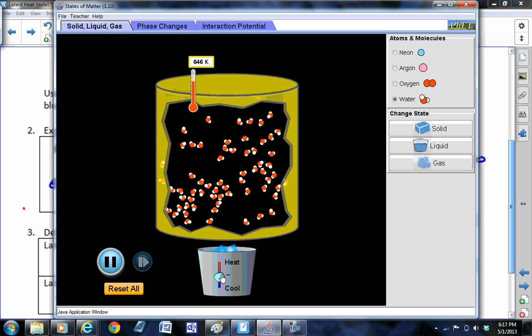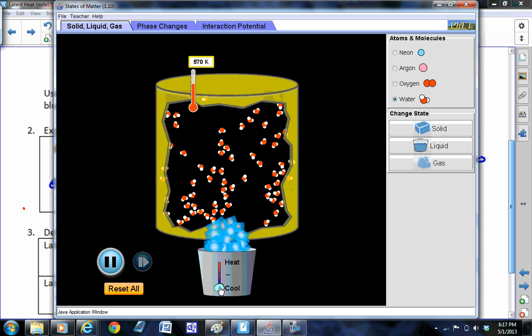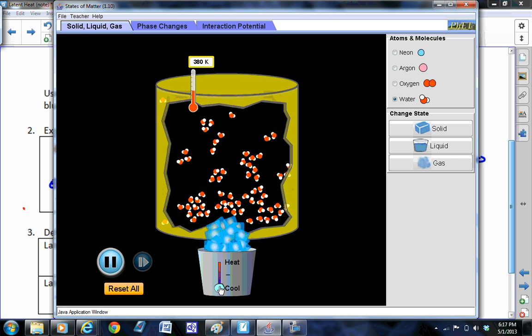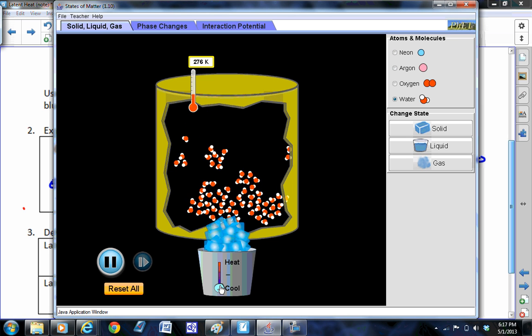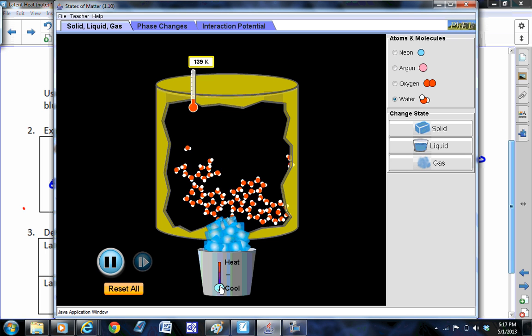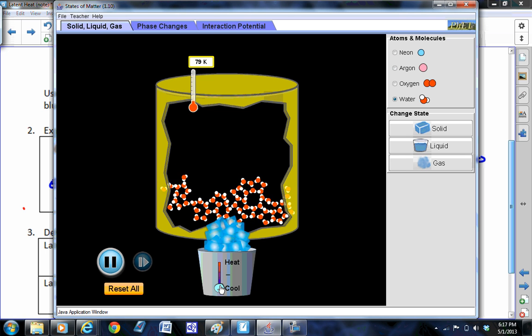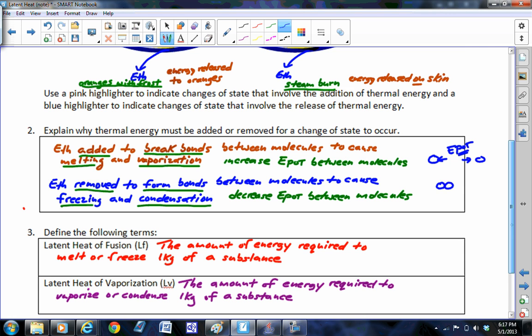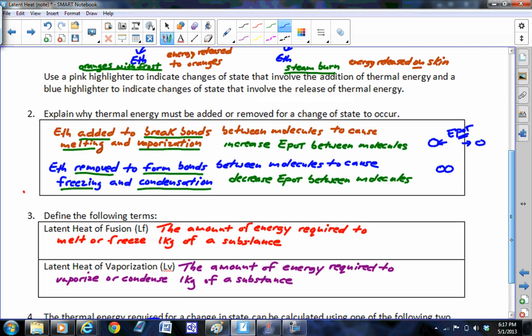So if I reduce the kinetic energy of the particles, you can see that the potential energy allows them to come together, the attractive forces, and the potential energy now is decreasing as the particles get closer. As close as they can get, there's no further attraction possible between them. So you get the idea here in terms of bonds and what's happening with bonds. That's key in this particular set of changes of state.